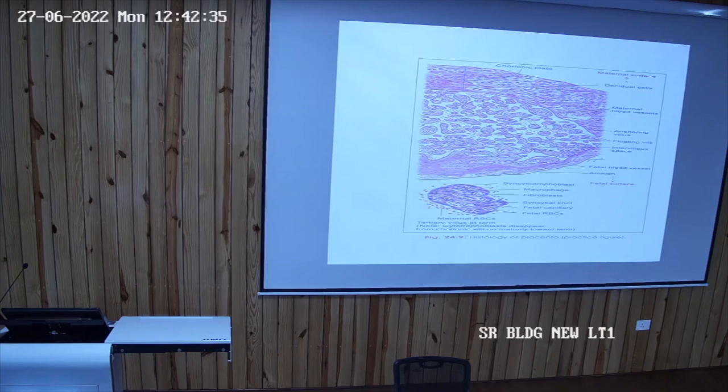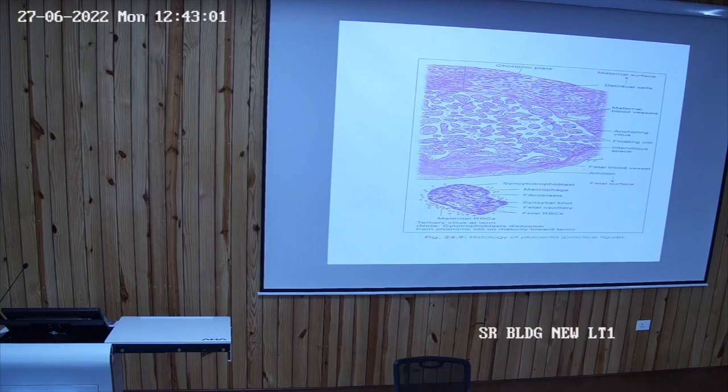The fetal end consists of the fetal plate, from which a large number of chorionic villi come. See in the diagram, all these rounded structures are the chorionic villi. These chorionic villi are attached to the chorionic plate. So this is the chorionic plate.